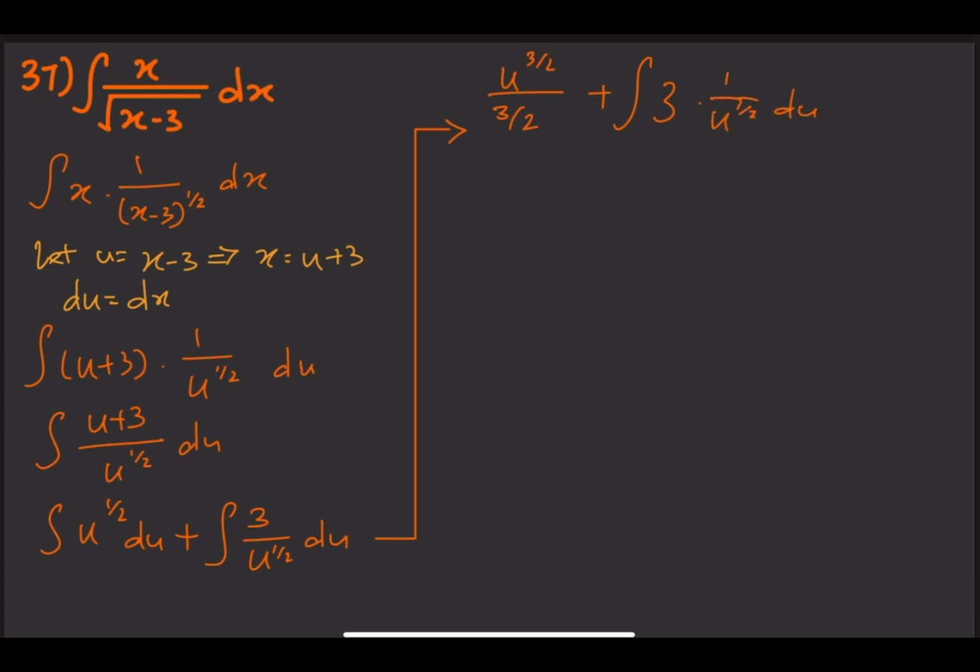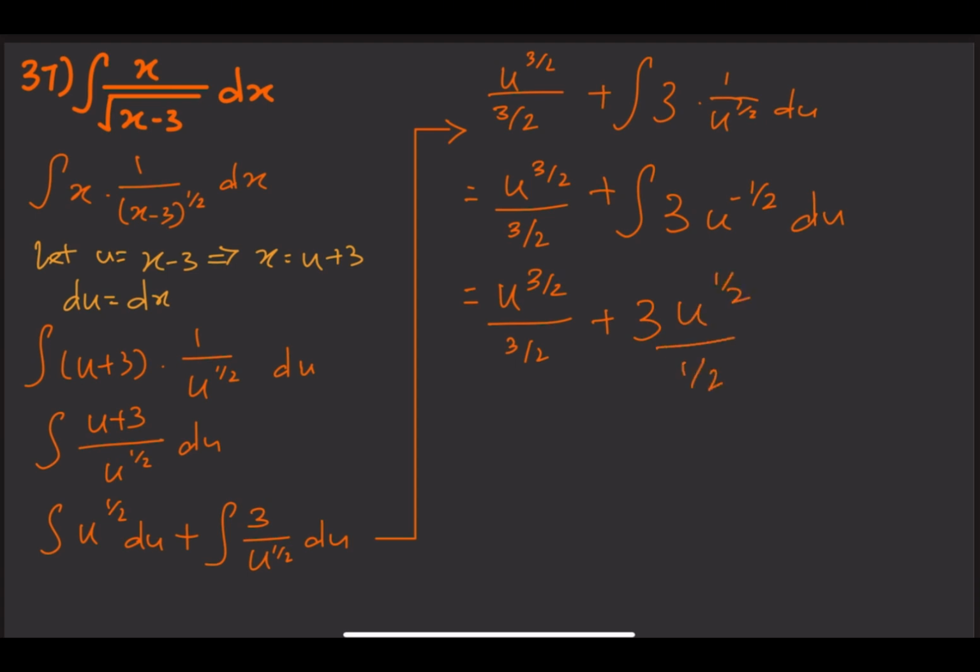That is u to the power of 3 over 2 divided by 3 over 2, plus 3 times the integral of u to the power of negative 1 over 2, du, which gives 3u to the power of half over 1 over 2, because negative 1 over 2 plus 1 equals 1 over 2, plus c. Remember the constant at the back.